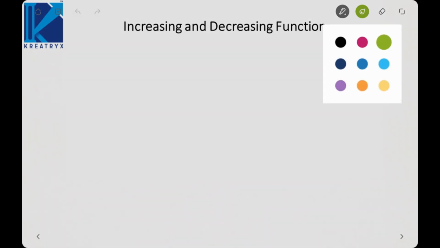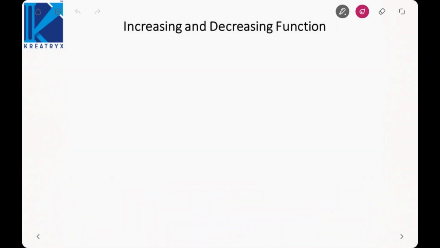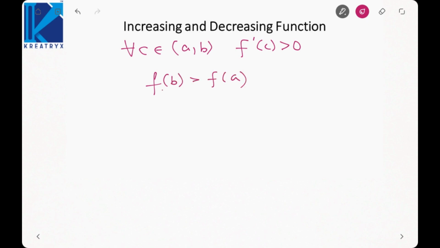The first application is increasing and decreasing functions. Now if I tell you, for all c belonging between a and b, f dash c is greater than 0, then what does that indicate? f(b) is greater than f(a) according to LMVT, that is Lagrange's mean value theorem, because f dash c is equal to (f(b) minus f(a)) over (b minus a).